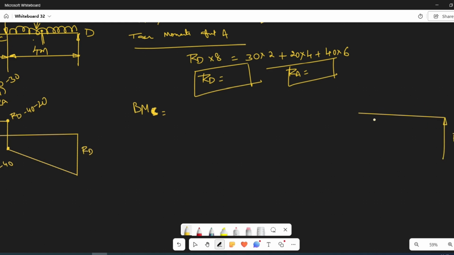RD is acting, so whatever point we are considering, we have to consider it as the center of the clock. By the way, this UDL has to be converted into a point load. The magnitude is given by length into intensity, 10 into 4. Now this dimension is acting on the right side. This force is going to rotate the clock like this, clockwise.